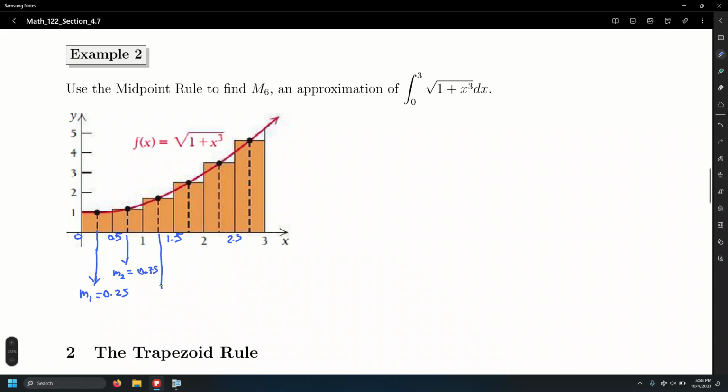And then the third midpoint, M3, that'll be halfway between 1 and 1.5. Isn't that 1.25? And then the next midpoint, let me call it M4.